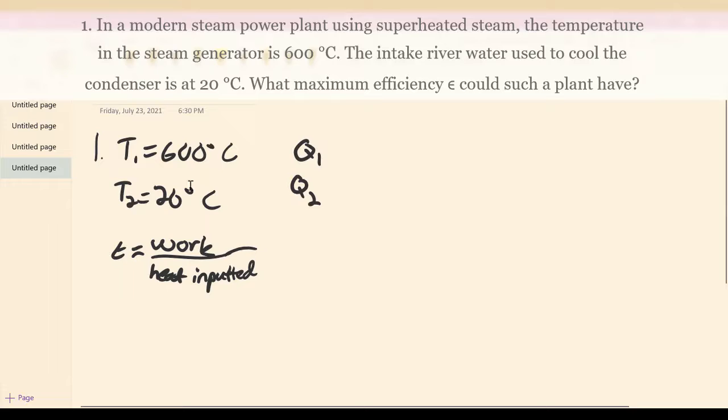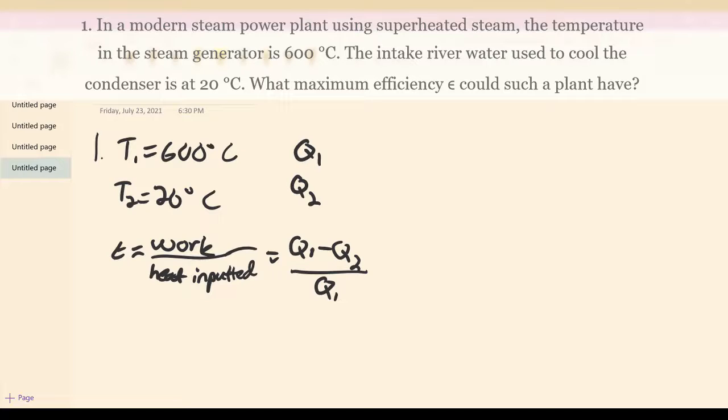So this total work is just the change in energy, which is the same as the change in heat. So this is just Q1 minus Q2, and of course, the heat inputted is Q1. So it seems like it should be pretty easy to calculate this, but of course, we don't know the values for this heat.